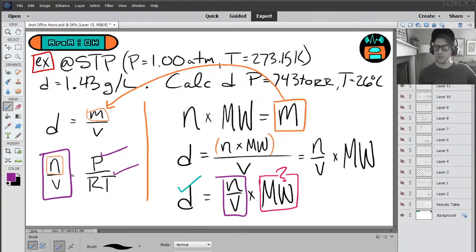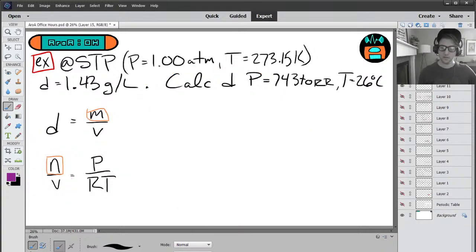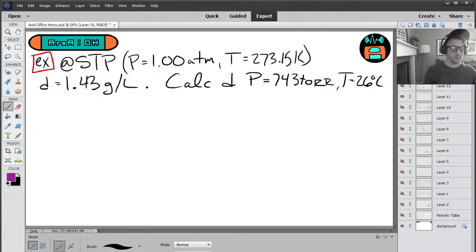So we have our moles over volume is equal to P over R times T using our initial conditions, so our P1 and our T1.